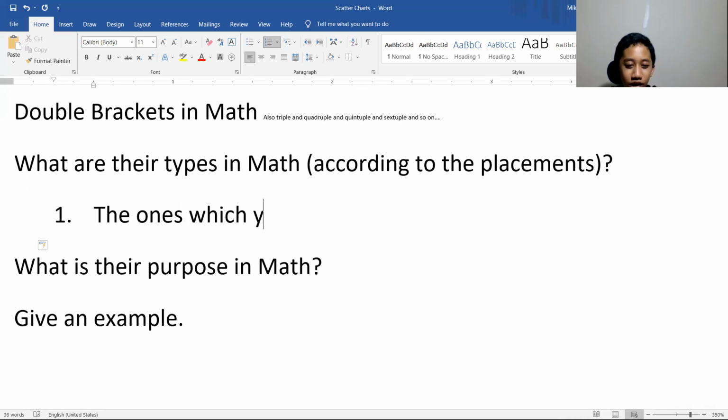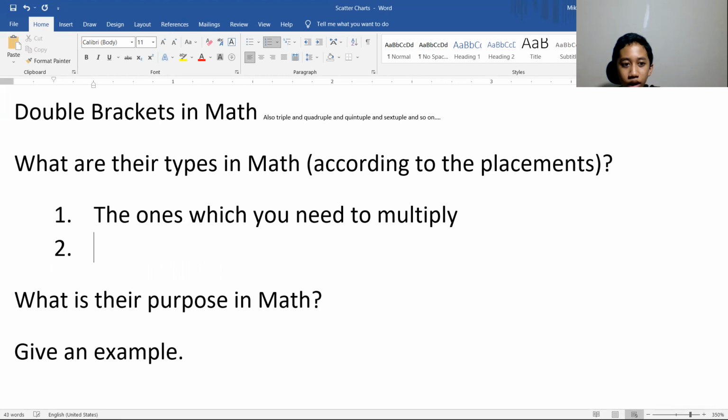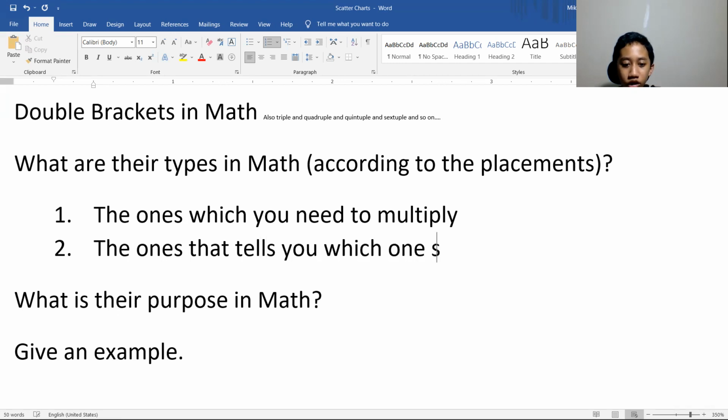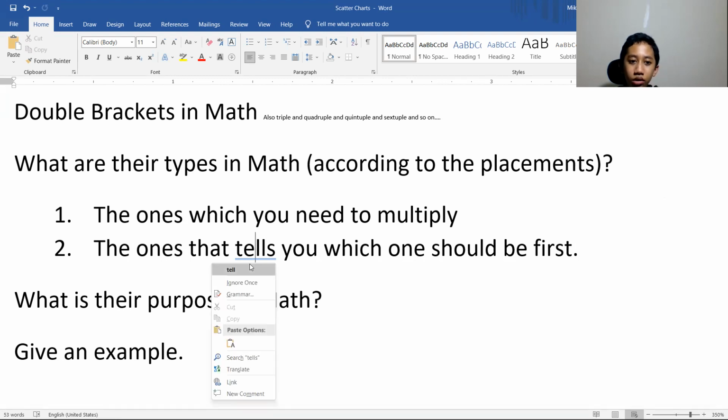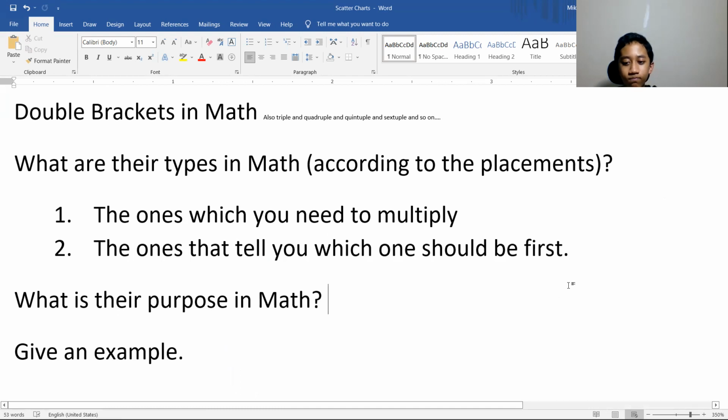The ones which you need to multiply, and the ones that tell you which one should be first. Sounds weird, but I guess it makes sense. The ones that tell you which one should be first.